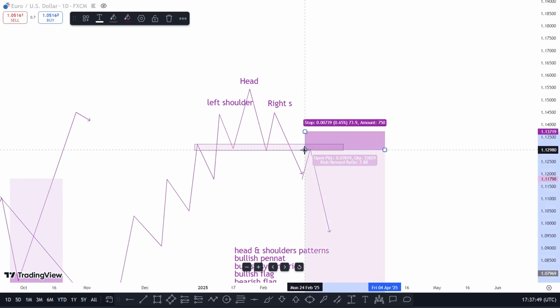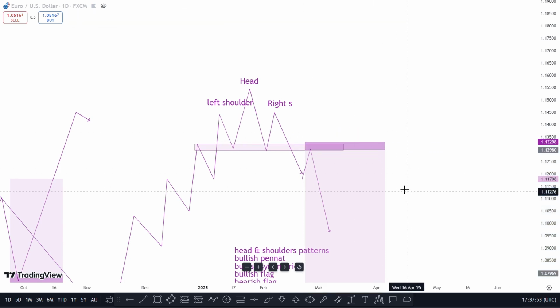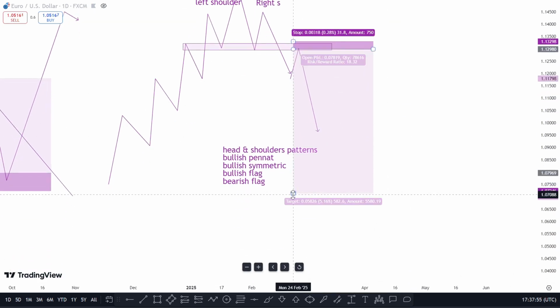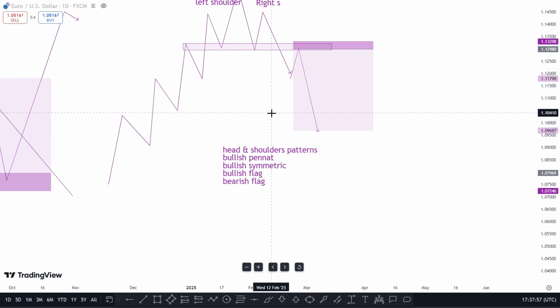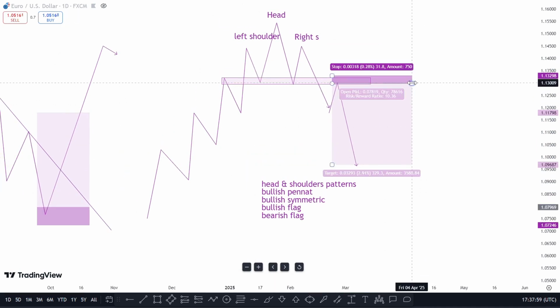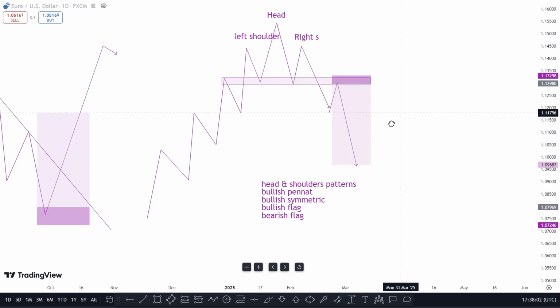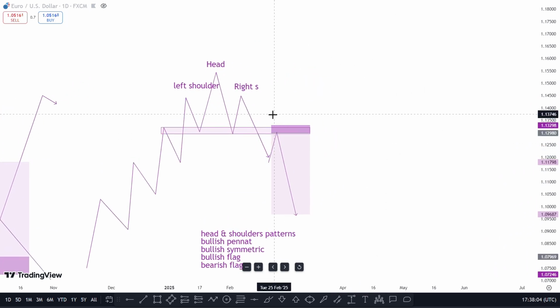You feel me? I'll place my SL right above the high that was formed, and then depending on where I want to put my take profit. I'm going to show you in real-life charts. So this is the way to trade a reversal pattern.